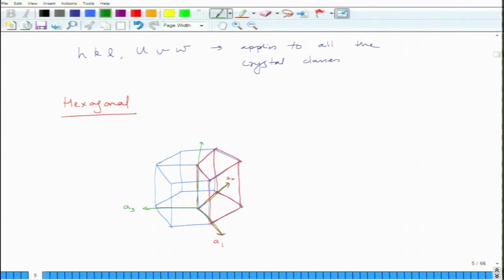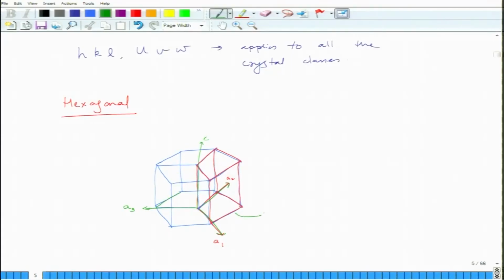So, the HKL plane in this case, if I take this four axis system A1, A2, A3 and C. Normally in hexagonal system we call this the A axis and C axis, because A1 and A2 are equal and symmetric. We call both of them the A axis, and the one perpendicular to the basal plane is called the C axis. This plane, the base, is called the basal plane.